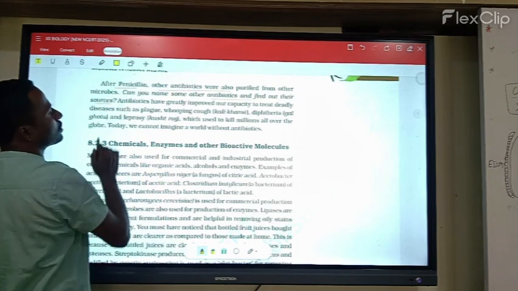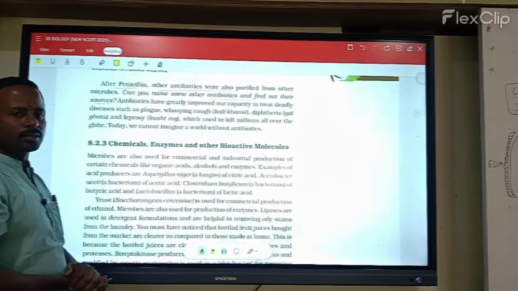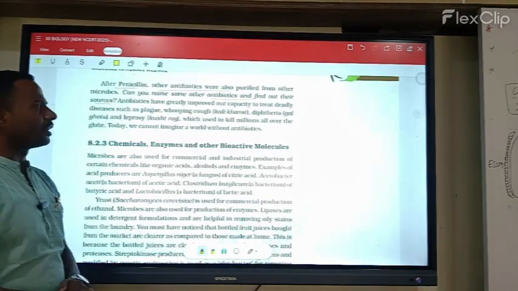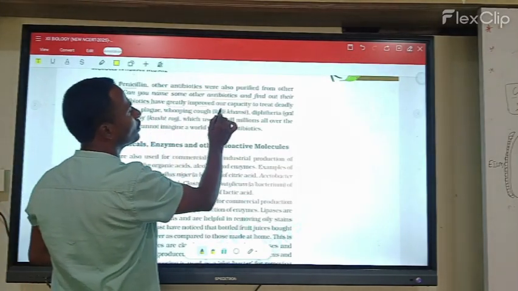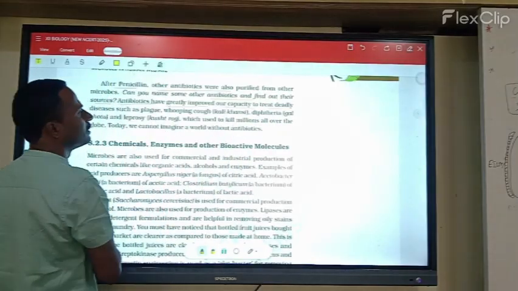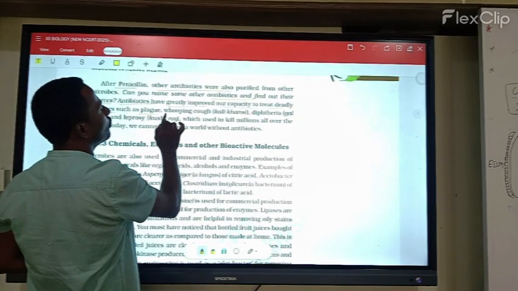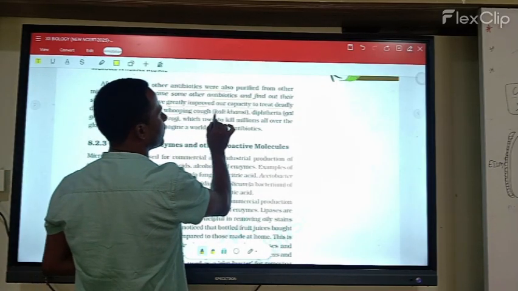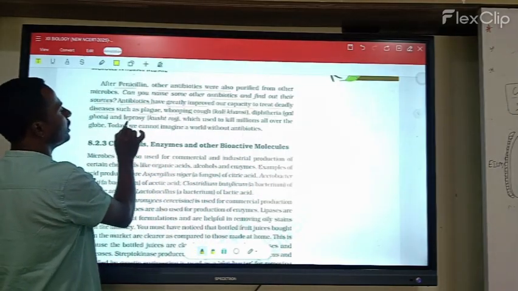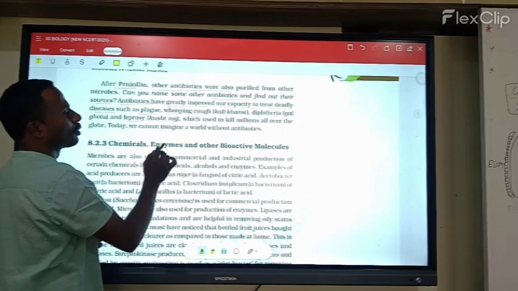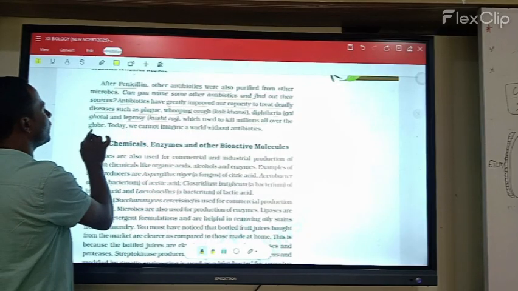Ampicillin, tetracycline, and others have greatly improved our capacity to treat diseases such as plague, whooping cough, diphtheria, and leprosy, which used to kill millions all over the globe.